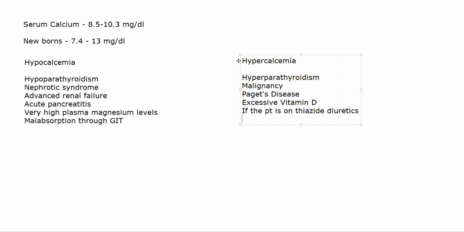Thiazide diuretics, hydrochlorothiazide and chlorothiazide, both of them. If the patient has milk alkali syndrome, where absorption of calcium is increased from your gut, that is also when hypercalcemia occurs. So these are some of the conditions in which the patient will have hypocalcemia or hypercalcemia.